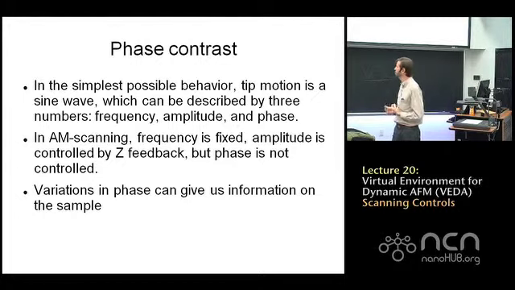That's fixed. We have the amplitude controlled by our Z feedback. So that does vary in a transient behavior, but at steady state, that's controlled. But phase is not controlled. So phase can be anything it wants to be. Therefore, we can use variations in phase to give us information about the sample.